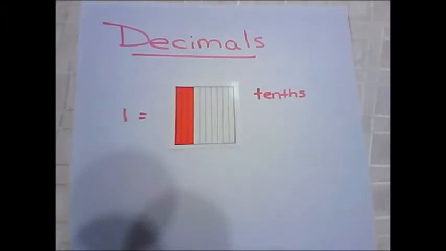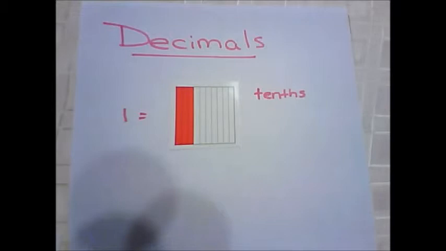In this case, I have 3 of the 10 pieces shaded. This is called a decimal square. Again, go online if you're having trouble understanding the idea behind decimals. You can print these off, color them yourself, or make your own set. They're pretty fantastic. But for right now, we're just going to start out with these tenths. I have 3 of these shaded in.